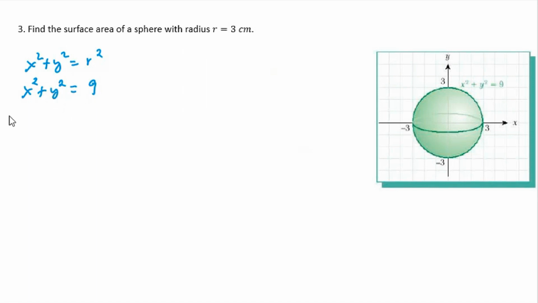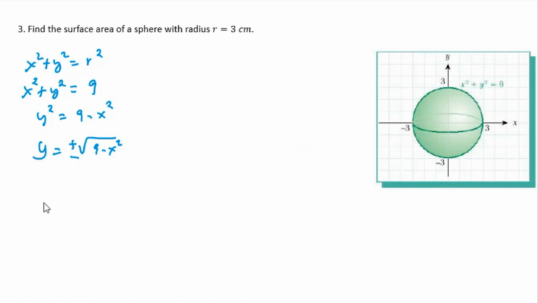And solving for y, we have y squared is equal to 9 minus x squared. To remove the power of 2, we take the square root of both sides. So y equals the square root of 9 minus x squared. This has a sign of plus and minus.